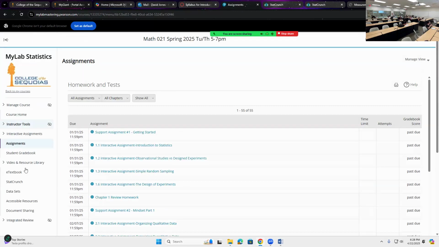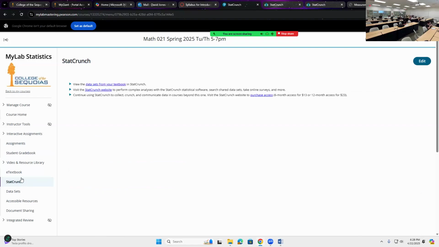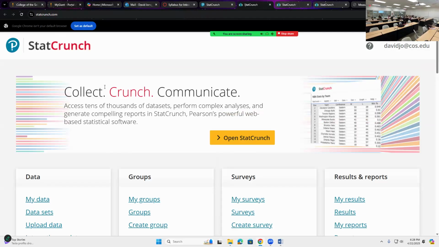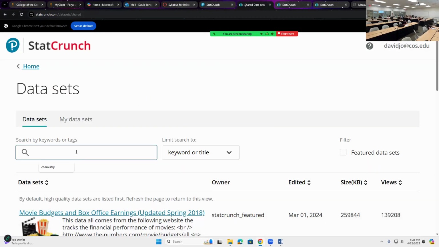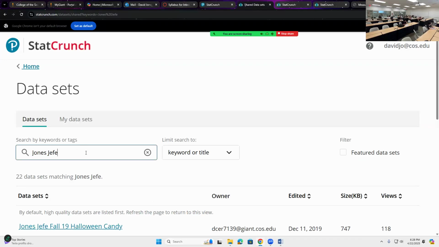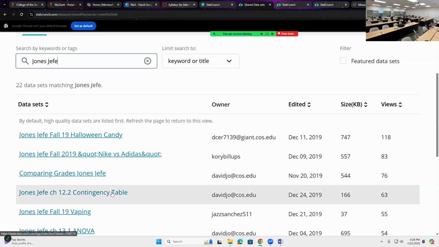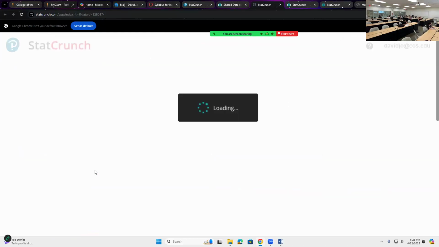I wanna go over to StatCrunch. I'm gonna look up data sets, and I'll look up Jones, FA, see what comes up with that. 12.2 contingency table.